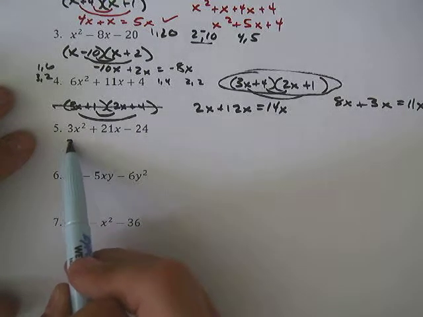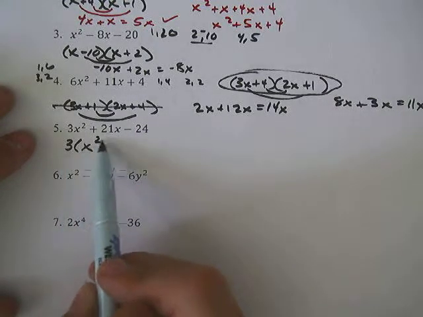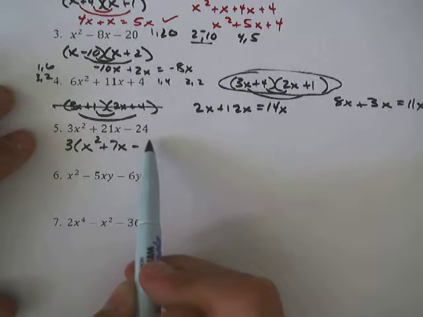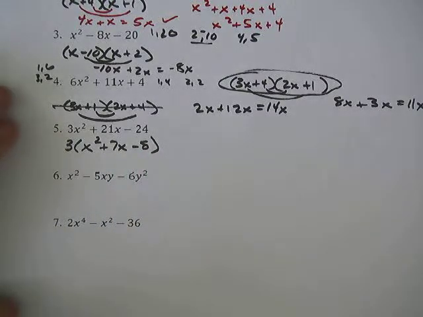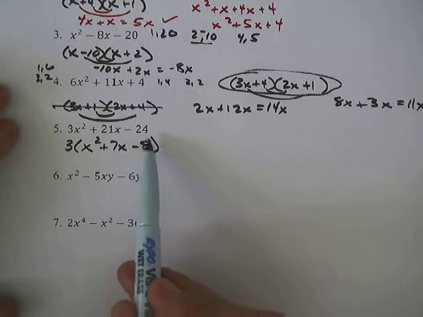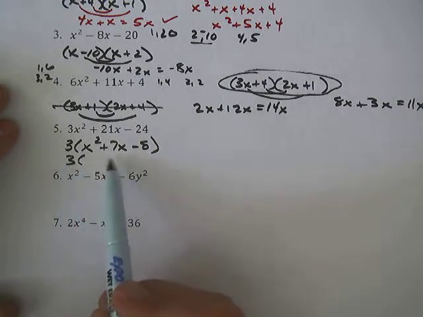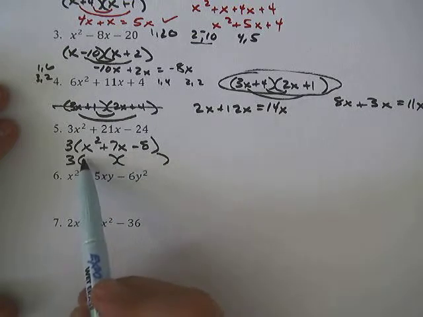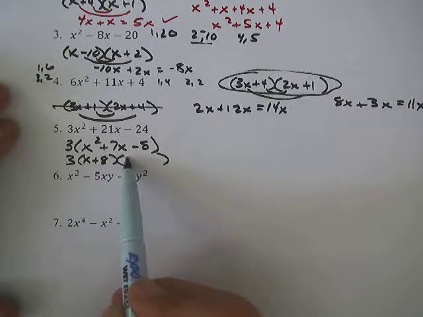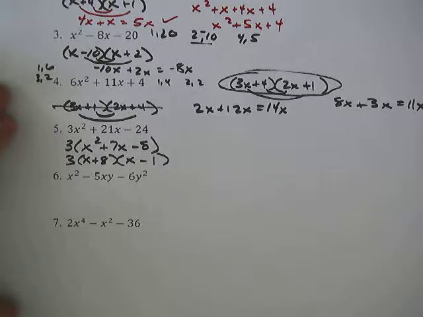Okay, let's try the next one. So this one, as I'm looking at it here, one thing I notice is that every term is divisible by 3. So I'm actually going to factor out a monomial. I'm going to take out an x squared. Okay, now that's nice because now it's a lot easier. Now I have to figure out factors of negative 8 to add up to 7.